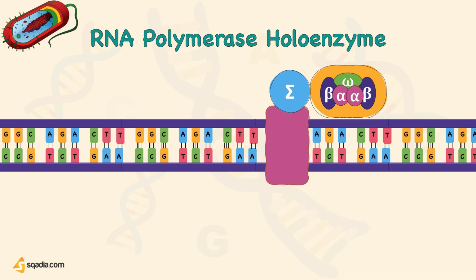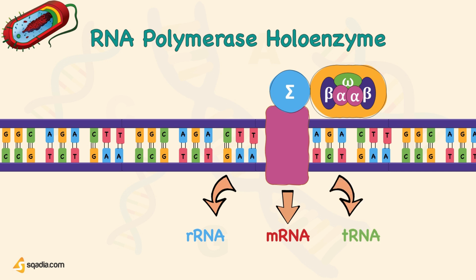Now this RNA polymerase holoenzyme will be responsible for making RNA inside the prokaryotic nucleus. The enzyme will help to make all three types of RNA, which are ribosomal RNA, messenger RNA, and transfer RNA.